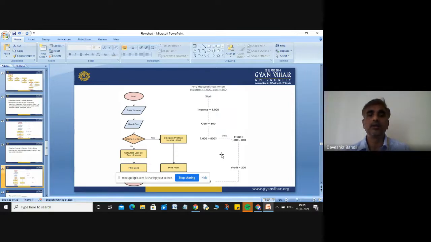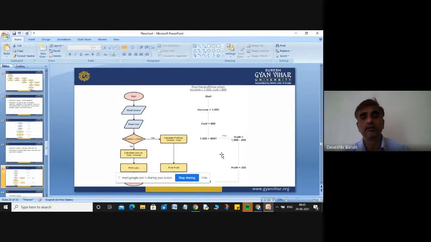Okay, and if this condition is not true, calculate loss, meaning cost minus income. Okay, and if your condition is true, you will subtract the cost from the income, and if your condition is false, you will subtract the income from the cost.